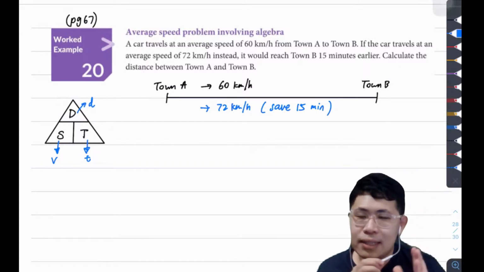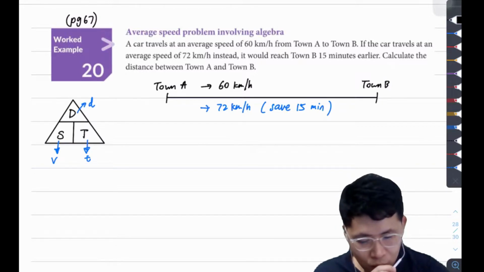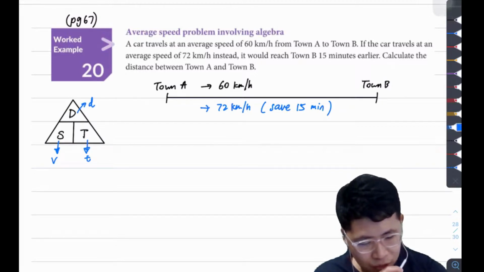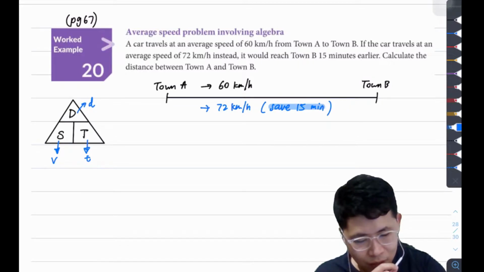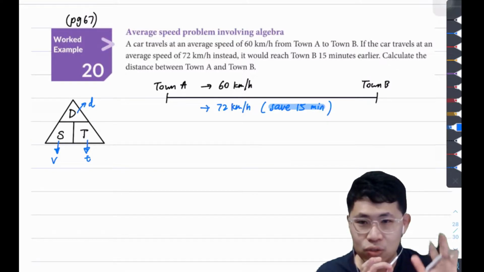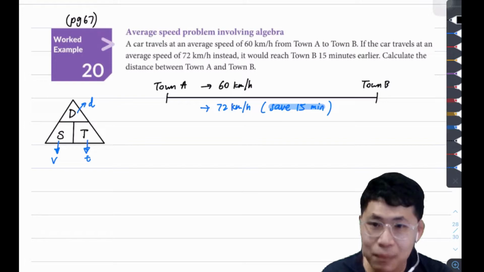The clue we need to pay attention to is that the time taken to complete this journey differs by 15 minutes. So the difference in time is 15 minutes.